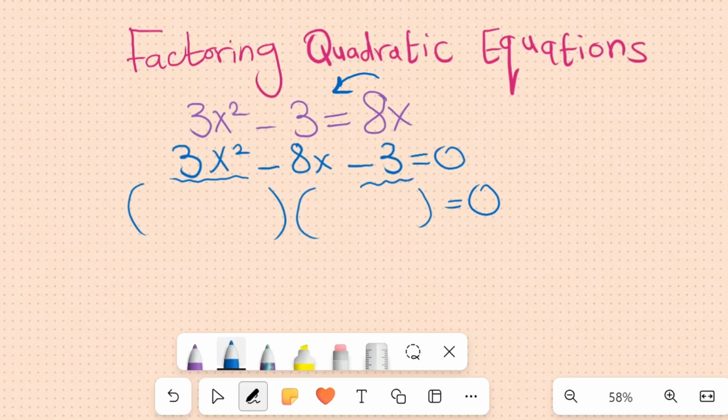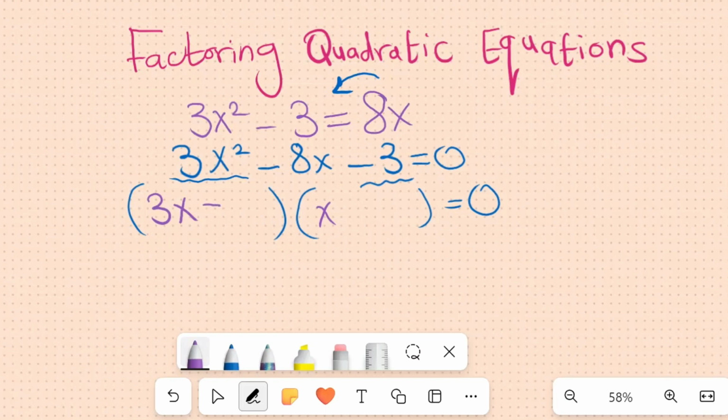And the difference here is when factoring the last term, the two numbers that we are looking for should multiply to negative 3 but not add to negative 8, which is the number in the middle. 3x squared can be factored as 3x times x, and for the negative 3, we're going to start with the negative, and it is a result of a positive times a negative.